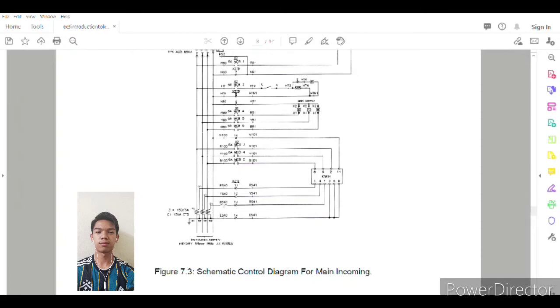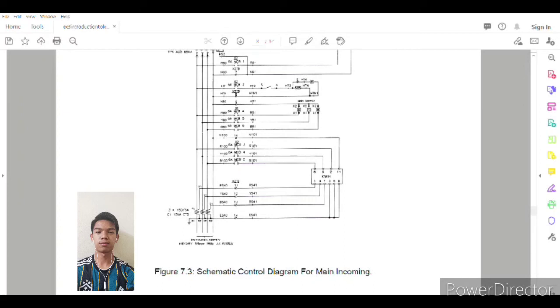Then from the incoming, it will connect to the kilowatt meter, 3 phase, red, yellow, blue. This is the MCB, miniature circuit breaker, and it is for the protection.